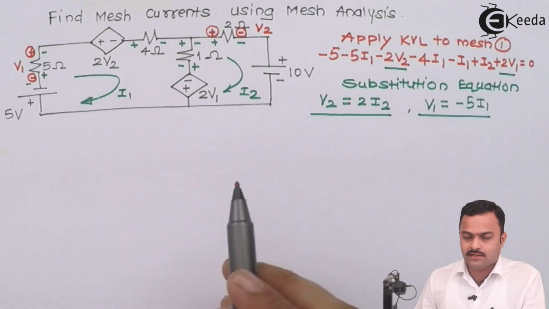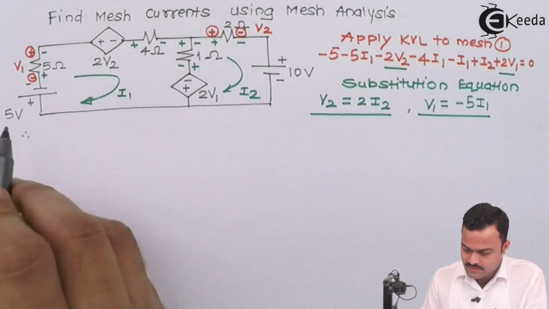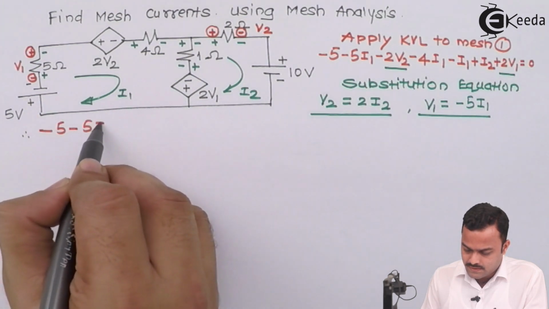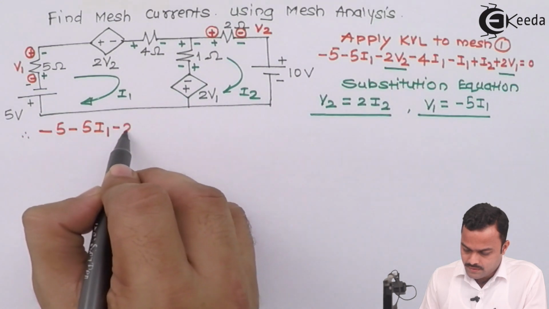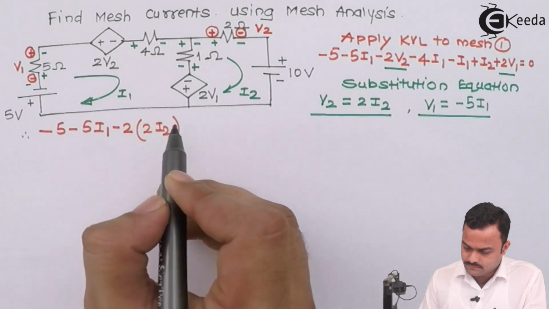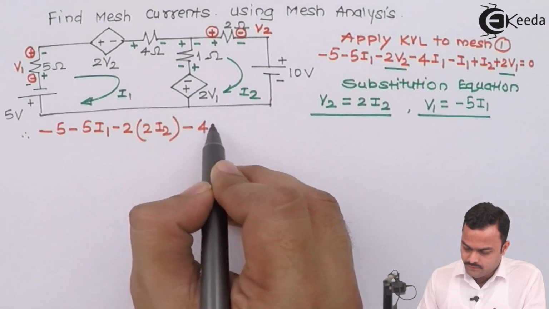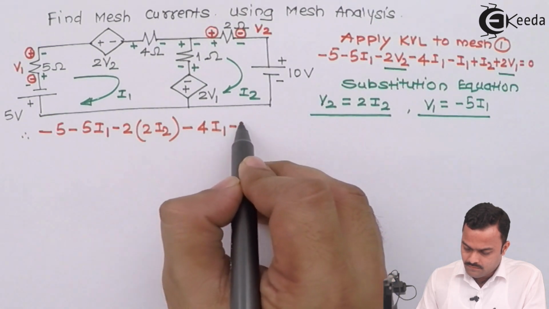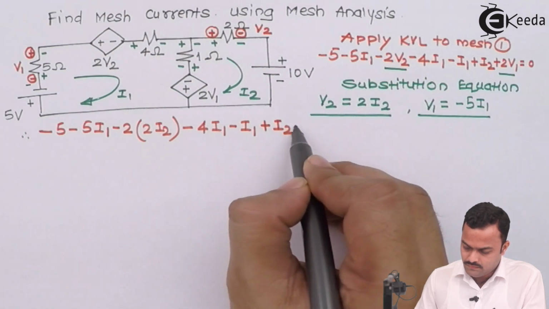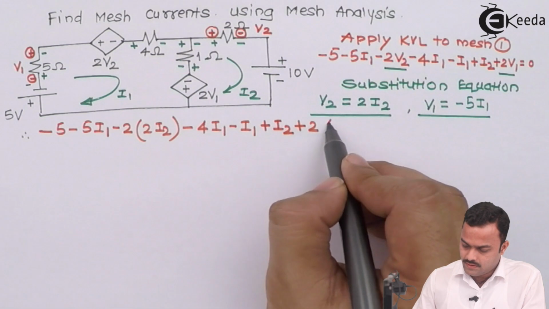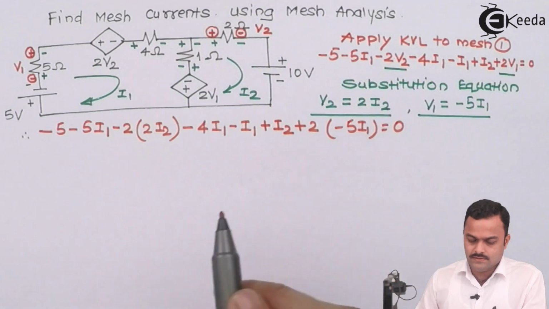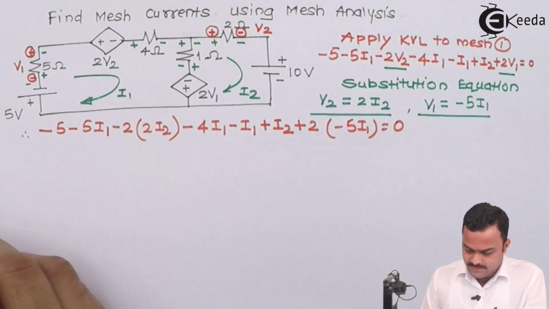So if I substitute over here, I will get the equation: minus 5 I1, minus 2 times V2, which is 2 times I2, minus 4 I1, minus I1, plus I2, plus 2 times V1, which is minus 5 I1, equal to 0. Let's simplify this.